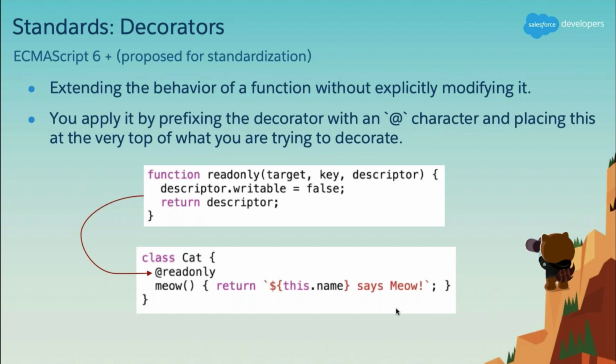And if I have another function, and I don't denote it with @read-only, that would still work the way it is supposed to. So a decorator is essentially enhancing the behavior of a function without adding a lot of code to the function as such. The functionality is defined in a different function, and you can place it wherever you want without changing the actual code of whatever you're changing.